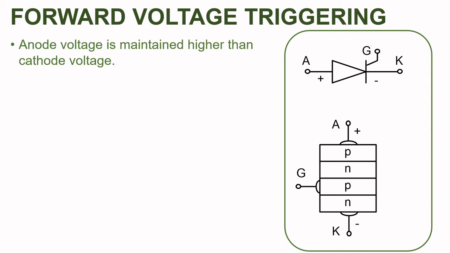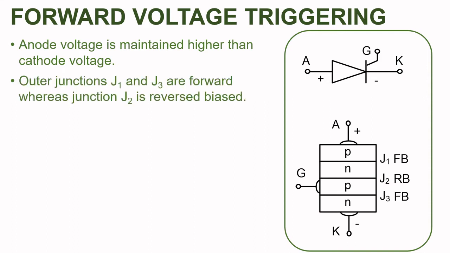As the anode is positive and is connected to the P layer and cathode is negative which is connected to the N layer, junctions J1 and J3 become forward biased, whereas junction J2 becomes reverse biased.